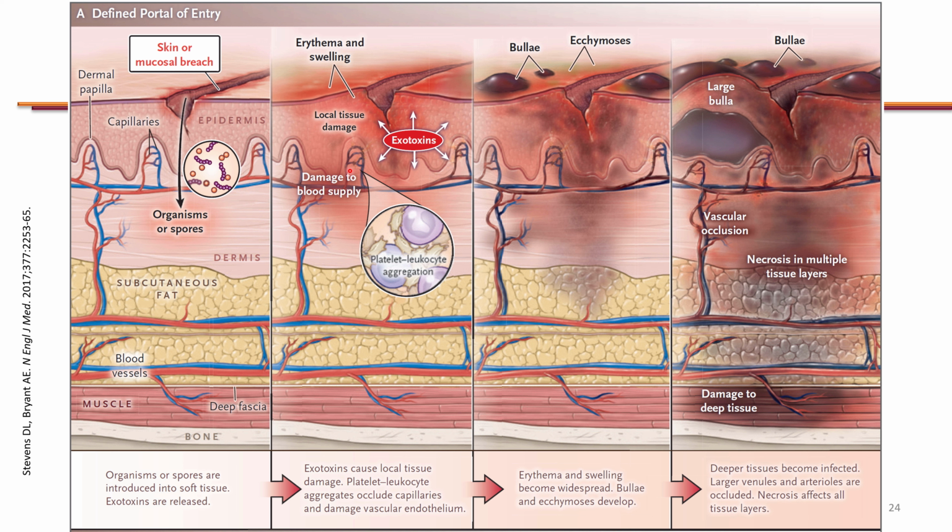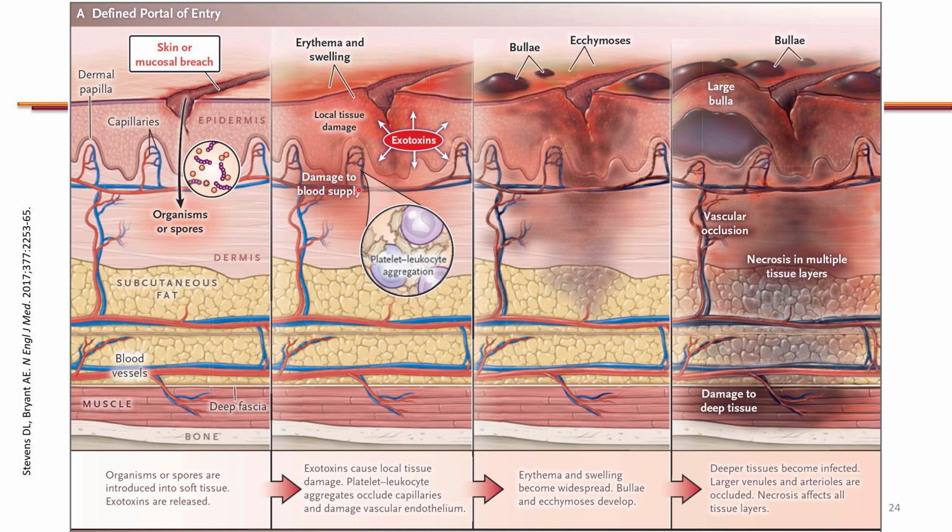Some strains of Staphylococcus aureus can also exhibit exotoxins, as well as some Clostridia species. So Clostridium perfringens, for example, produces exotoxins. And what's important to understand is that exotoxins have a role in necrotizing skin infections.